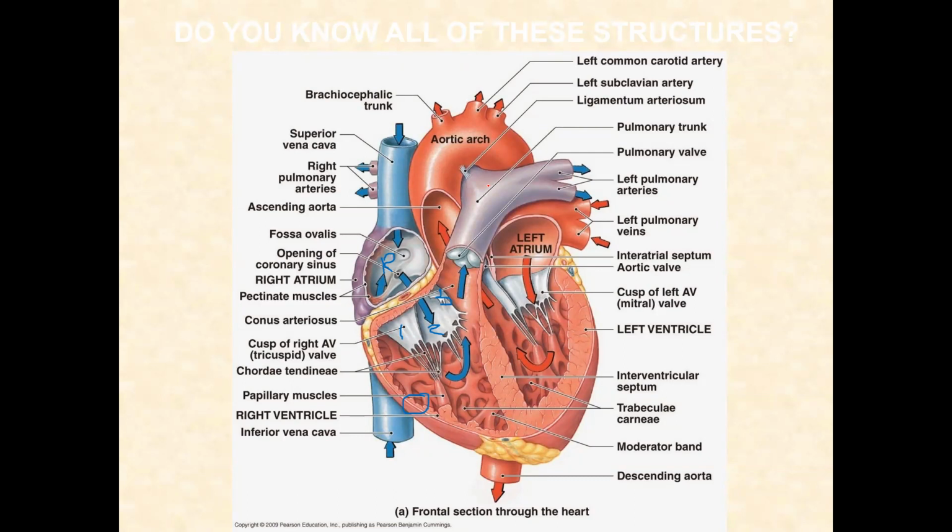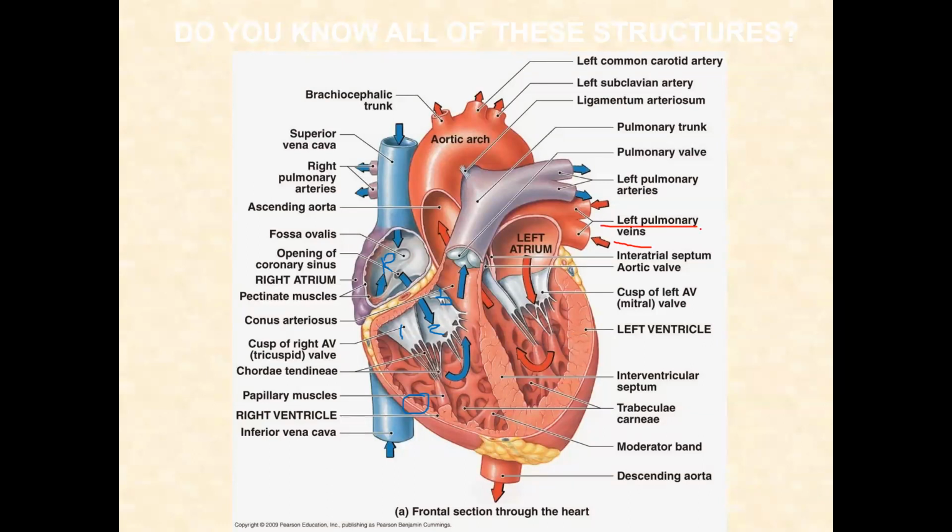So the pulmonary artery carries deoxygenated blood. Only one that does it, but it is still carrying blood away from the heart, just like all the other arteries, okay? So the blood leaves the heart, goes to the lungs, gets nicely oxygenated, and then that blood comes back to the heart via the pulmonary veins.